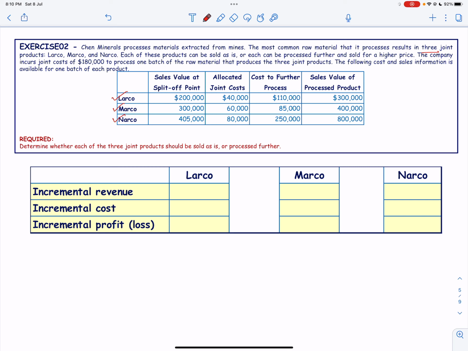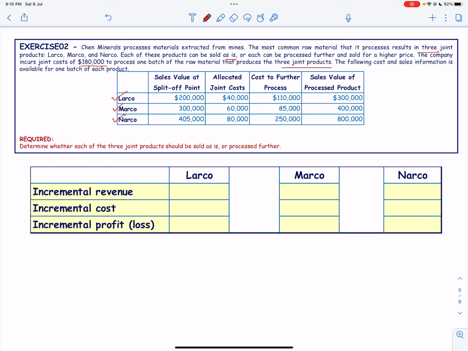Each of these products can be sold as is, or each can be processed further and sold for a higher price. The company incurs a joint cost of 180,000 to process one batch of the raw material that produces the three joint products. The following cost and sales information is available for one batch of each product.